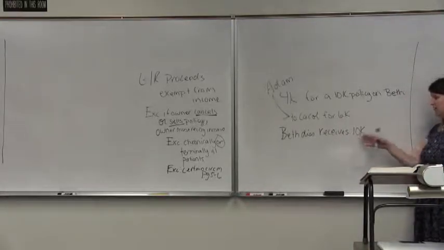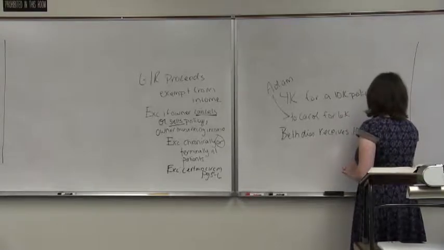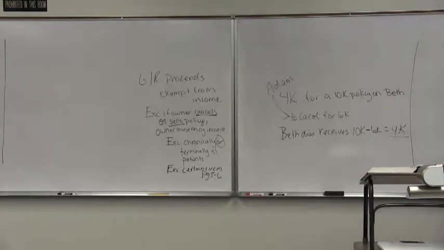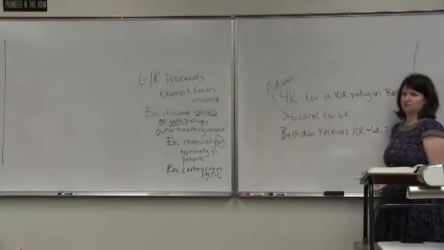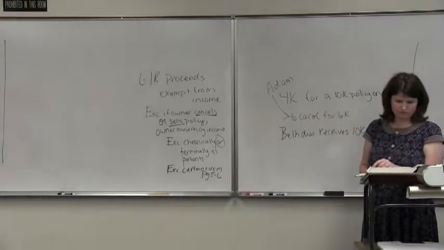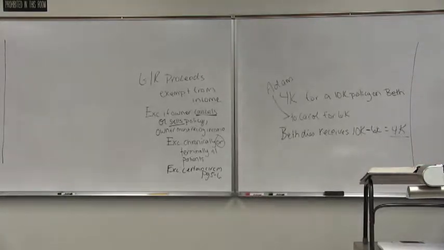Yes, $10,000 minus what she paid, which is $6,000. So we have $4,000 of income recognition. Okay, you do have some problems similar to this on your exam. That's pretty much it on insurance proceeds.